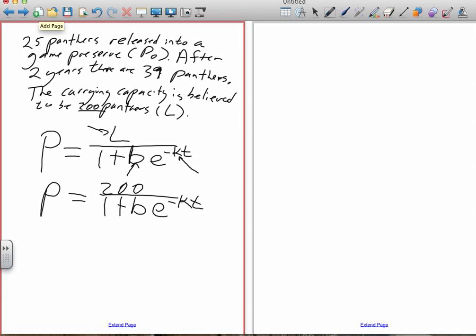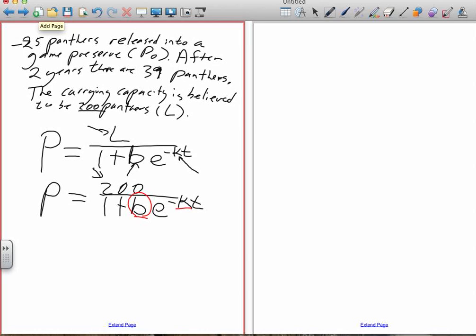So we need to find B and we need to find K. Now B, if you remember, is related to our initial population, but it isn't exactly the initial population because we've got this carrying capacity up here. But we still are going to want to use our P0, and we put it in here.